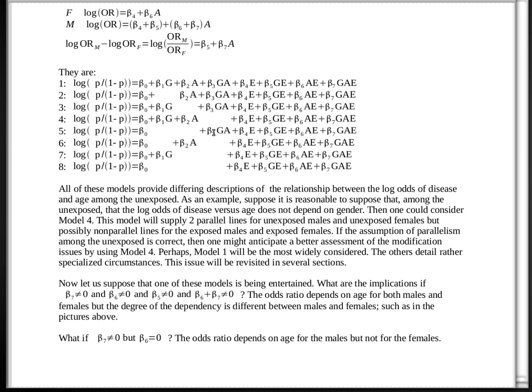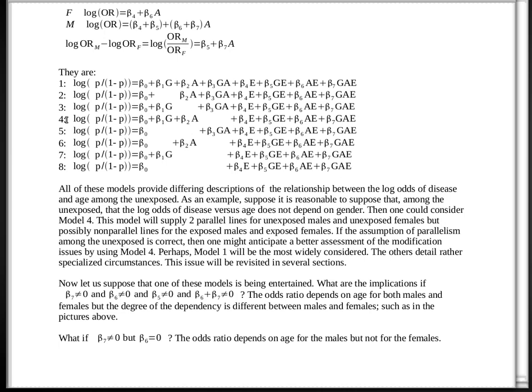Many possible situations. Sometimes they pop up, though. Let's look at one situation, and that is model number 4 that I've listed here. Okay. So what do we have with model 4? The term beta 3 is set to 0. What is that saying?